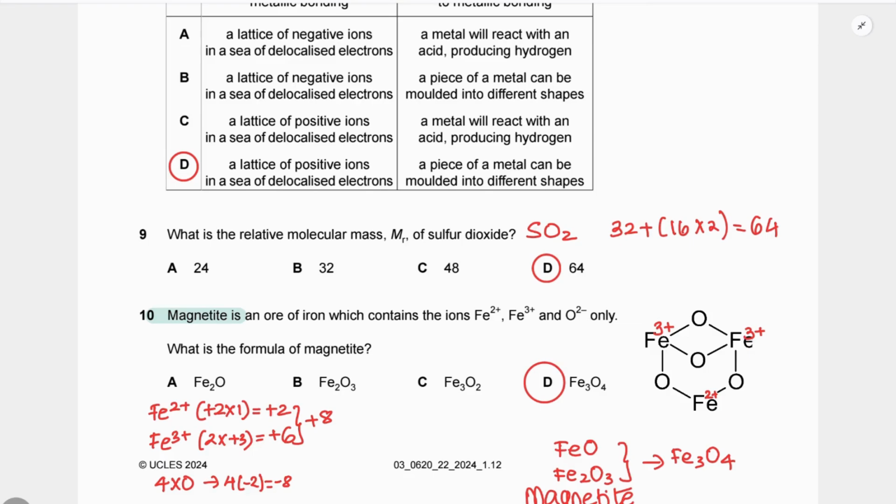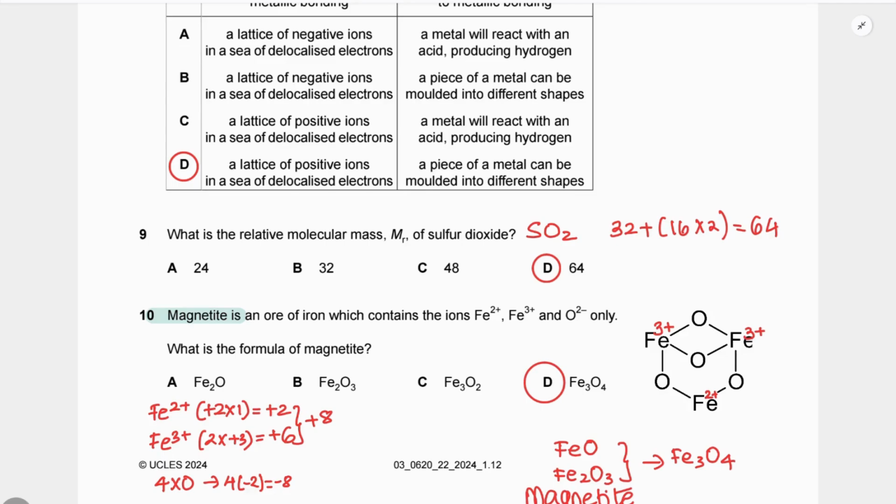But if you want to see the structure of magnetite, it looks like this. We have 3 iron, of which 2 will be 3 plus, and the second one will be Fe2 plus, which is ferrous. Over here is the ferrous oxide, and over here it is going to be ferric oxide.